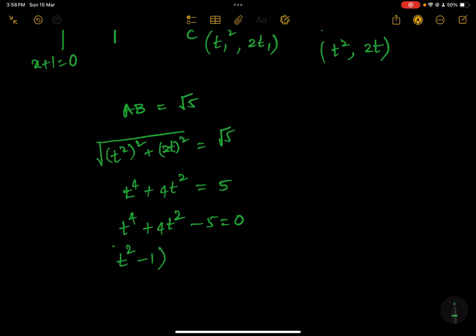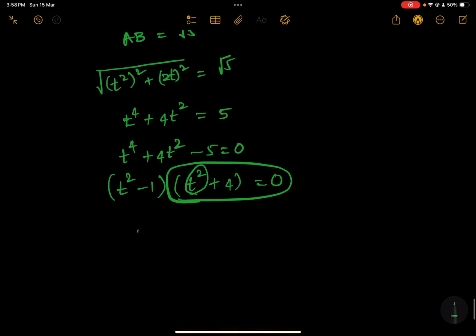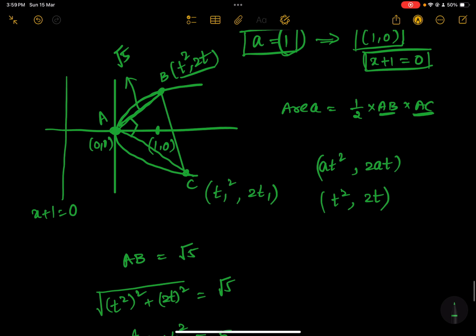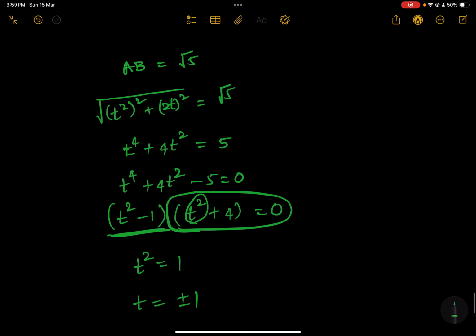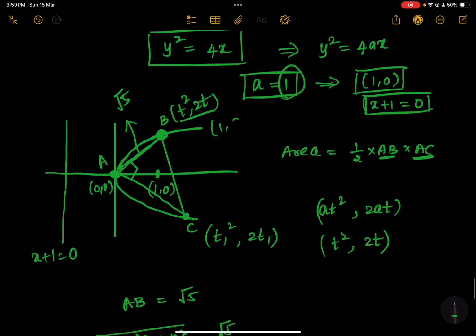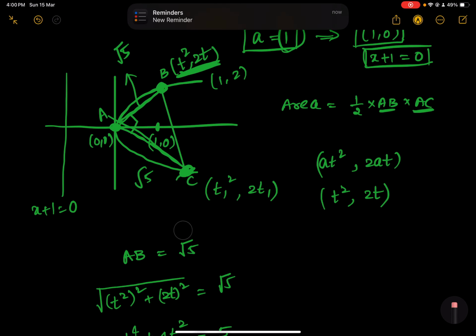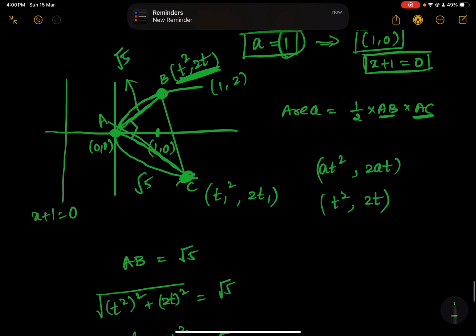This can be written as t square minus 1 multiplied by t square plus 4. t square plus 4 can never be 0 because t square is always positive. Therefore, t square is equals to 1. This is the only solution, so your t is plus or minus 1. Since this B coordinate exists in the first quadrant, we only take t is equals to 1. So this point is 1 comma 2.